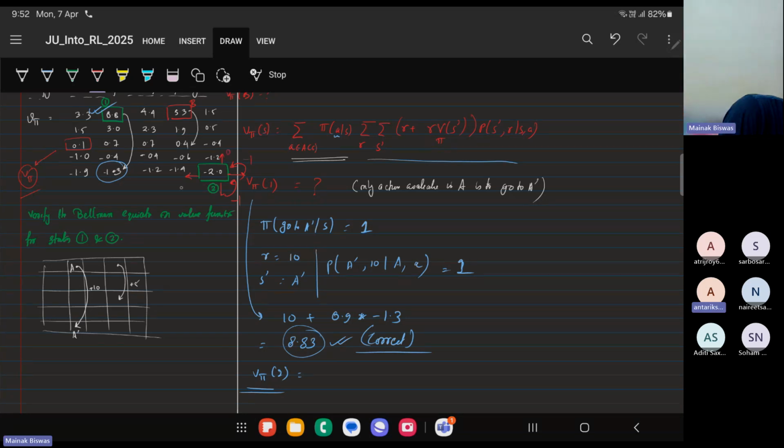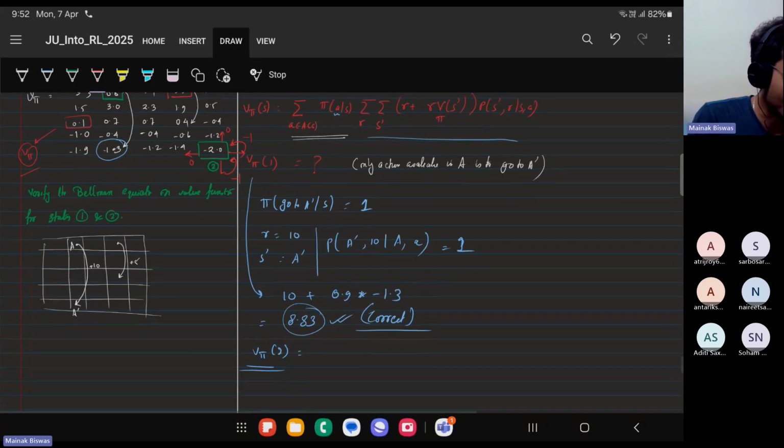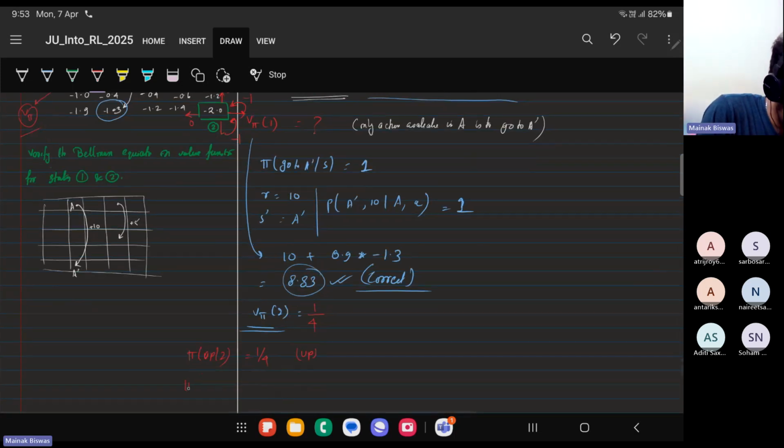And you'll get a reward of 0. Okay. Tell me now. So what are the 4 actions? Up, down, left, right. So for up, 1/4 is the probability. Pi of up given 2 is equal to 1/4. Pi of down given 2 is equal to 1/4.